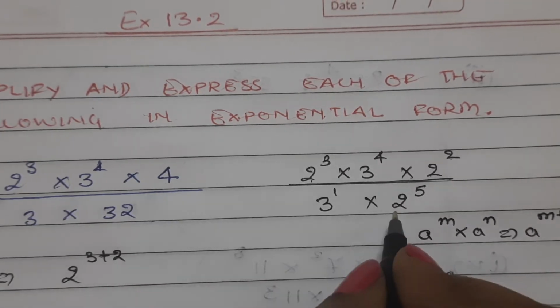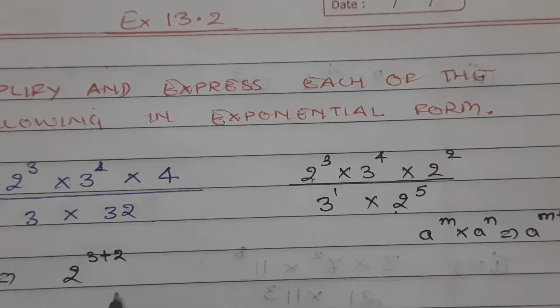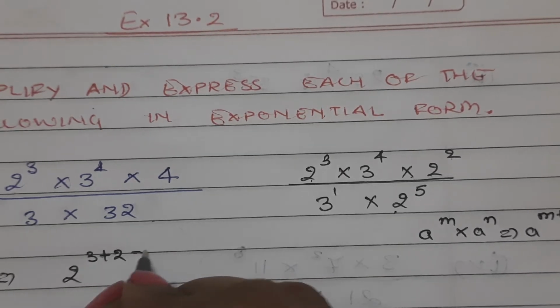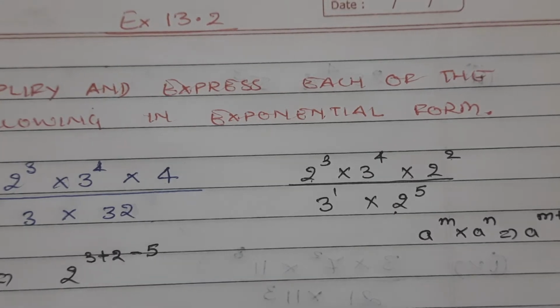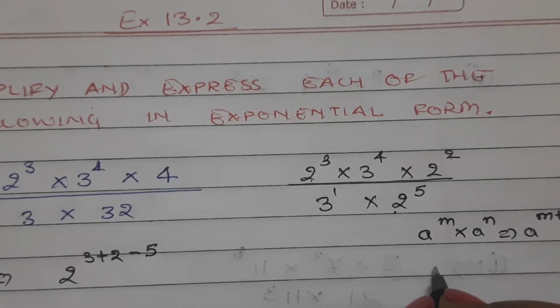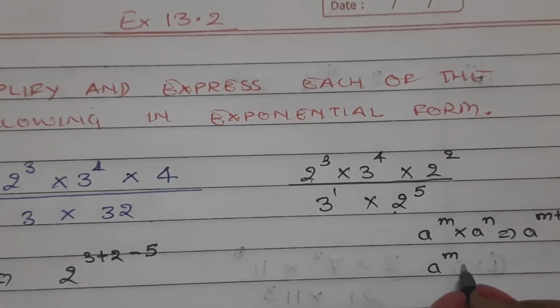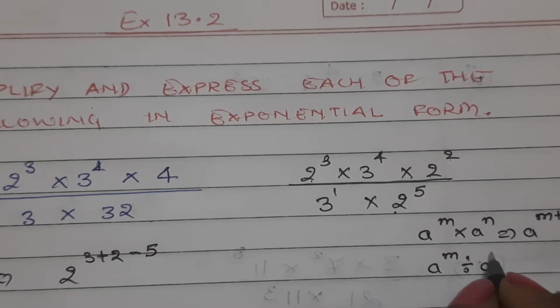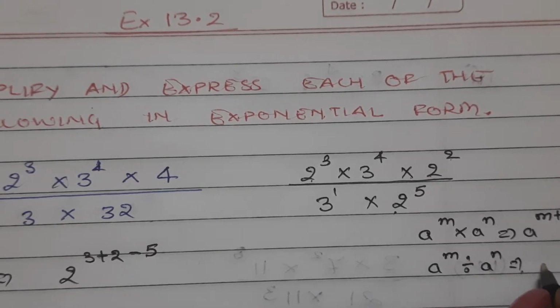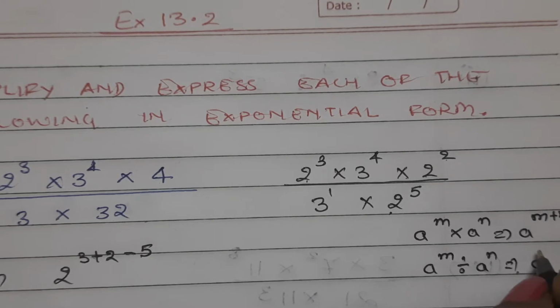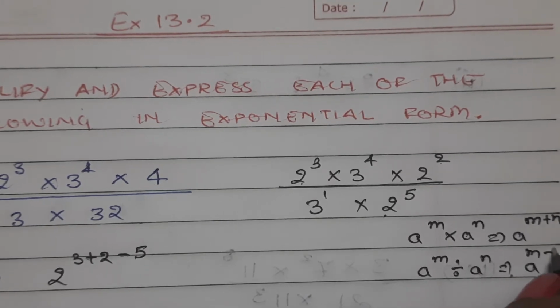And here you can see it is for division. So what is for division? We need to bring down for subtraction. Which law is here? A to the power m divided by a to the power n, so the answer will be a to the power m minus n.